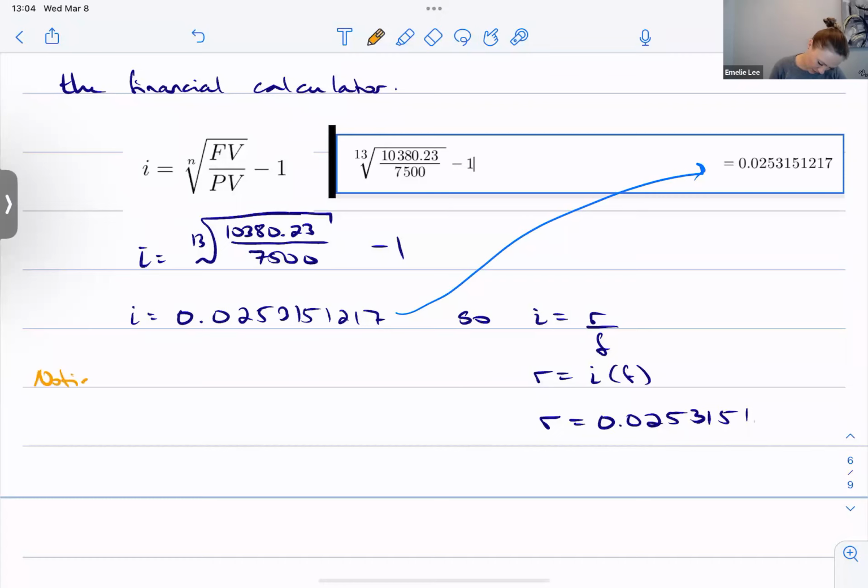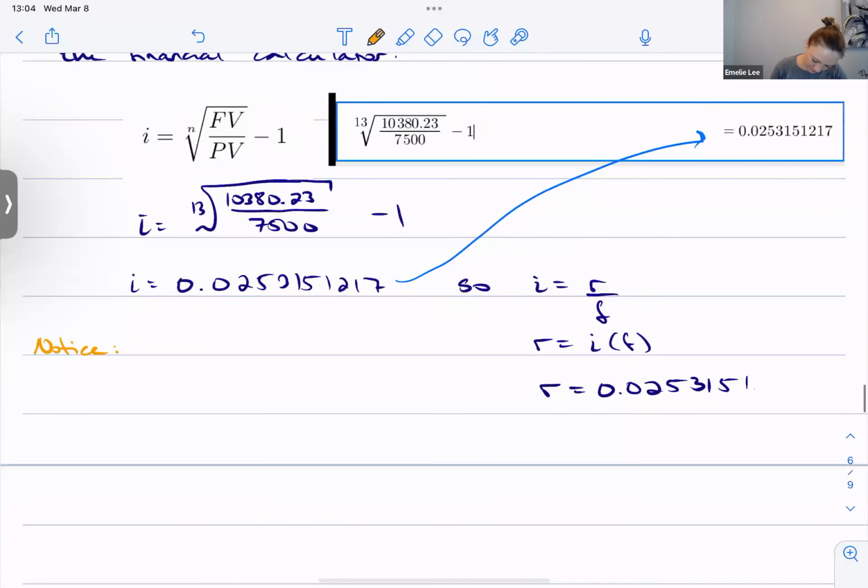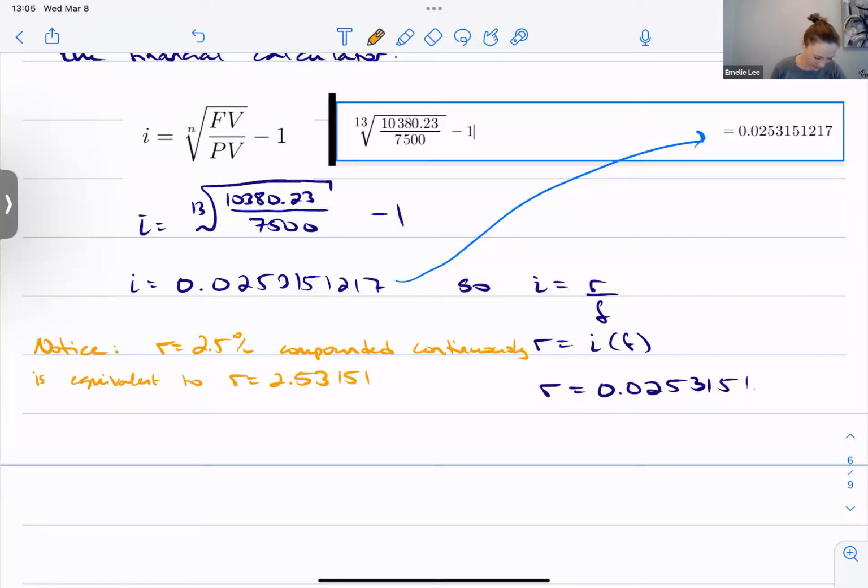So notice R equals 2.5% compounded continuously is equivalent to R equal to 2.53151% compounded annually.